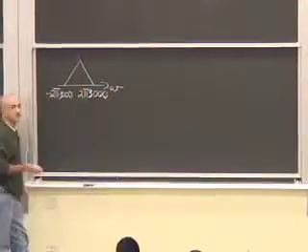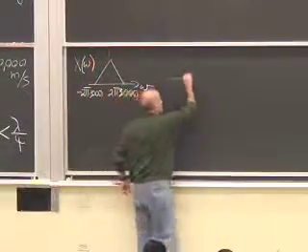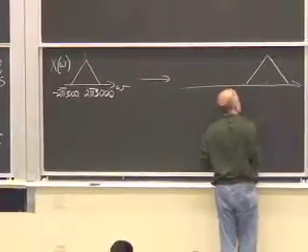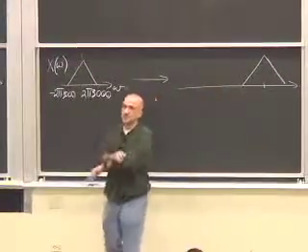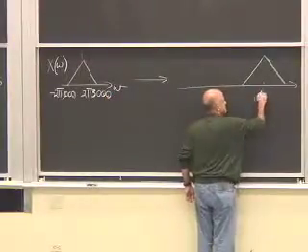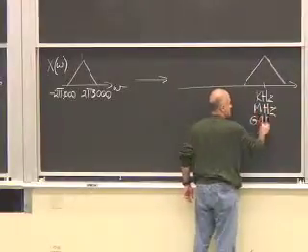Let's say that peak is 1. And we shift it to, let's say, somewhere in the megahertz range or even gigahertz range.